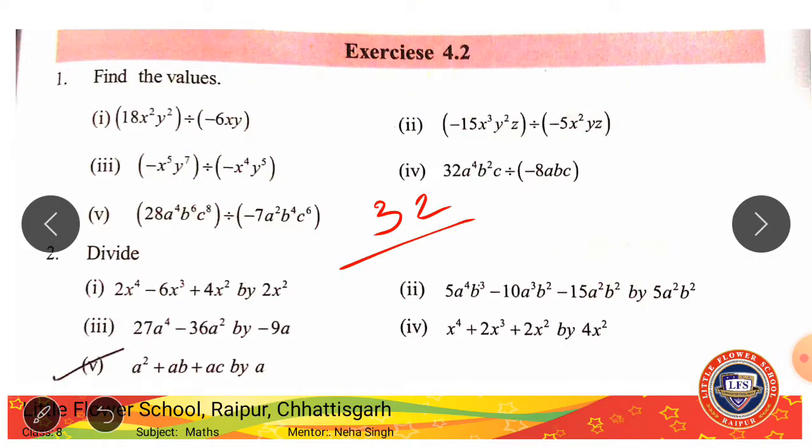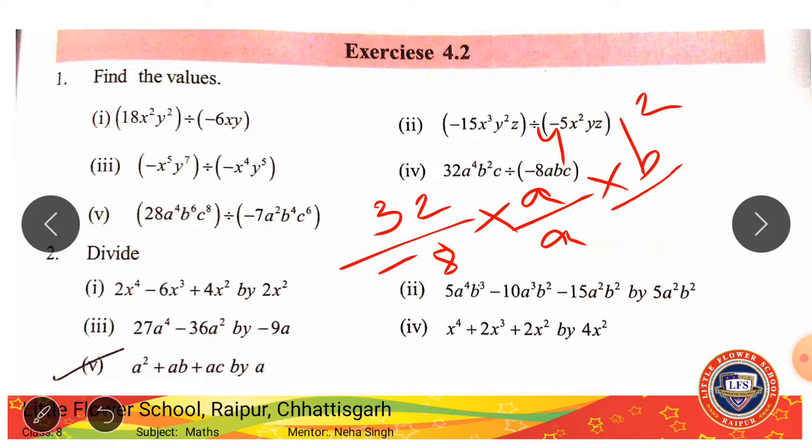32 upon minus 8 into a power 4 upon a into b terms together into c terms together, right? This is same as question number two, the terms separated, right?